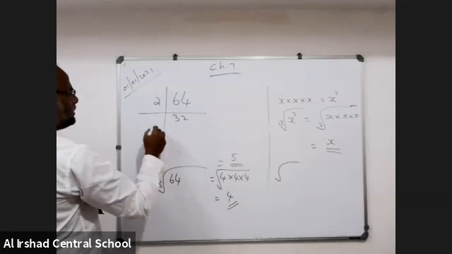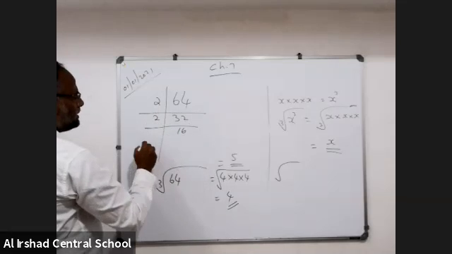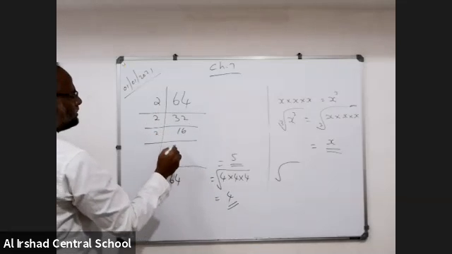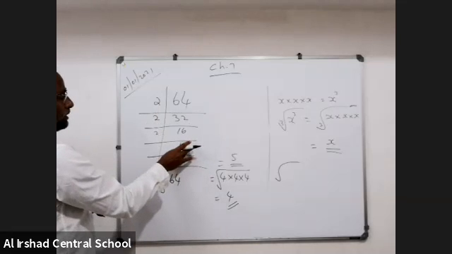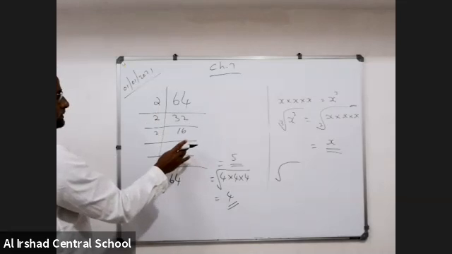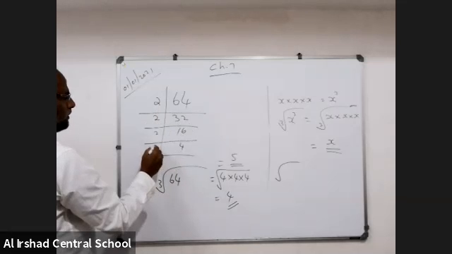That is 32, half. Again divide by 2, that is 16. Again divide by 2, that is 8. Then 4, 2. 4 is not a prime number, don't think 4 is a prime number.